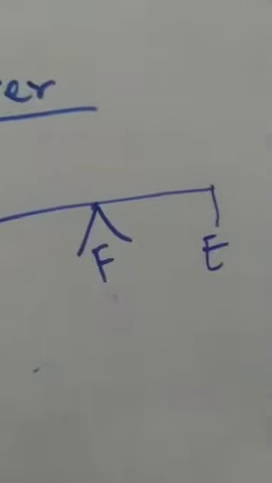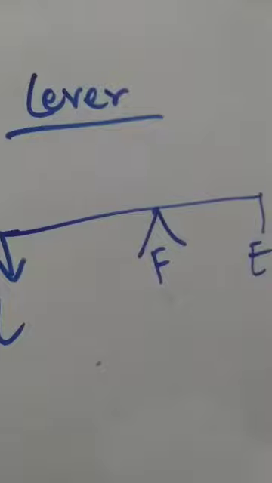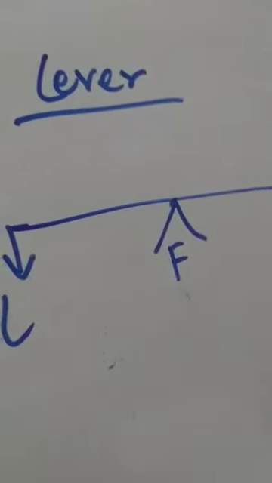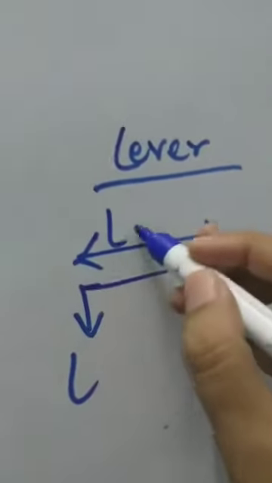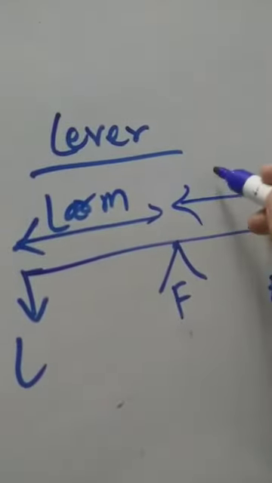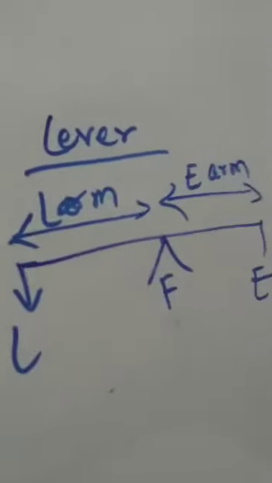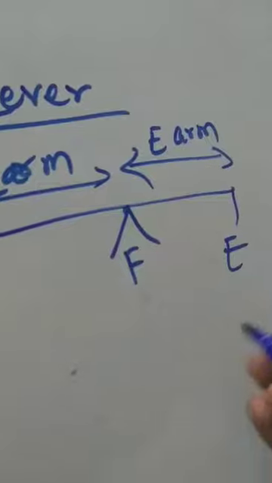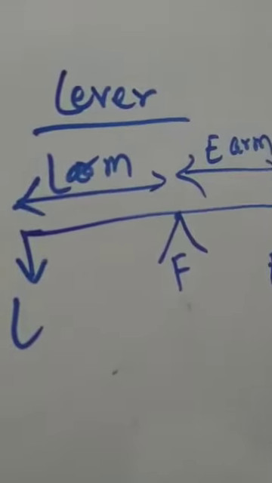Now depending upon the position of the load, fulcrum and effort, we have different types of levers. But before that, let me tell you the distance between load and fulcrum is called load arm, and distance between effort and fulcrum is called effort arm. The levers work on the principle of moments. Principle of moments says total anti-clockwise moment is equal to total clockwise moment. That video is already uploaded, so you know that.